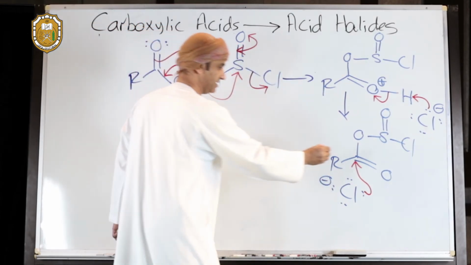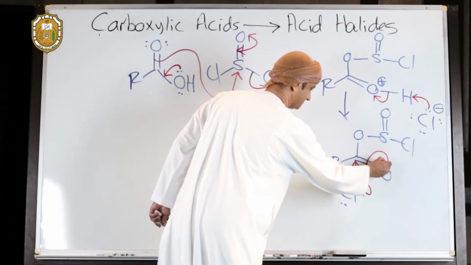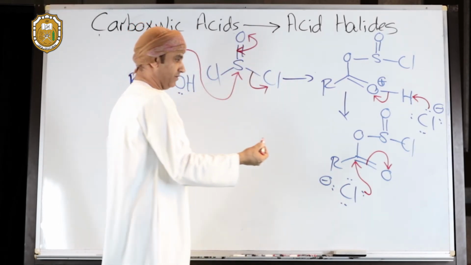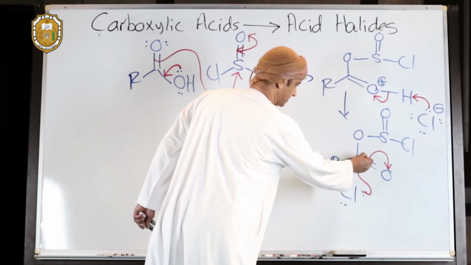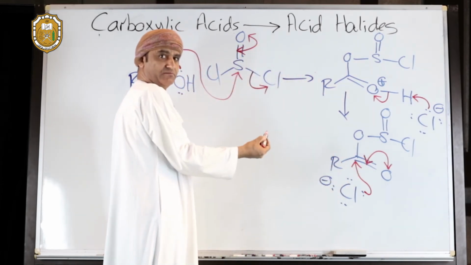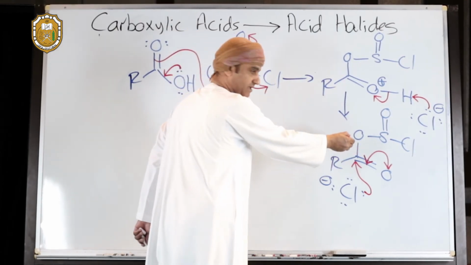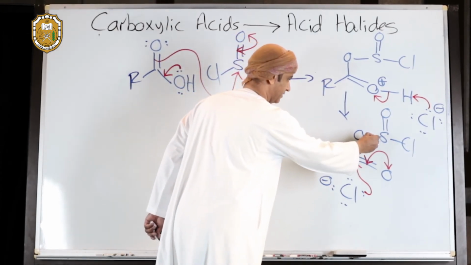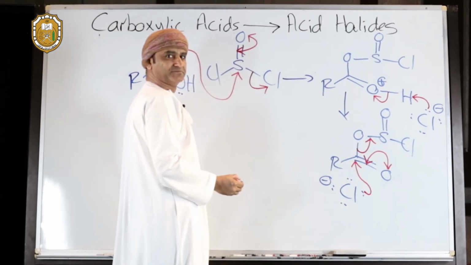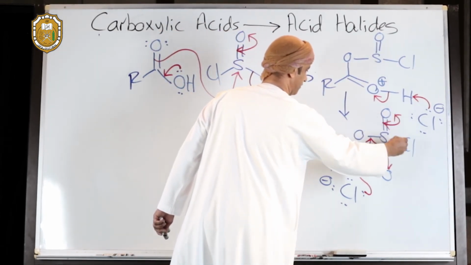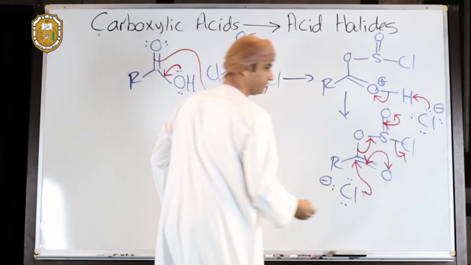The carbon-oxygen double bond is broken. We can assume that we can reform it, so it's broken and reformed. Mechanistically, this is acceptable. The carbon-oxygen single bond is broken to make a double bond here. The sulfur-oxygen double bond is broken, it's reformed, and the chloride ion leaves.